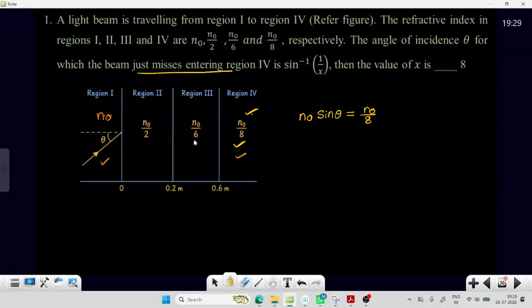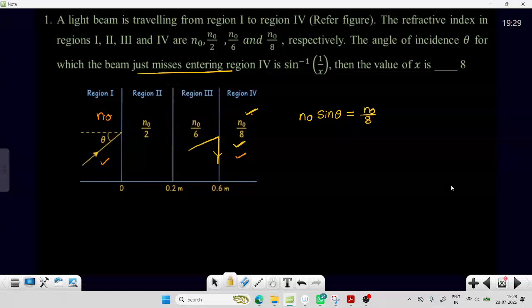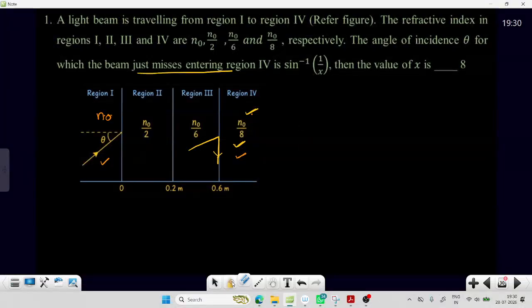The light ray going here does not go into that medium, it is going along the surface only. So the light ray just lies on the surface, which means the angle of refraction is 90 degrees. Do you remember the critical angle formula?